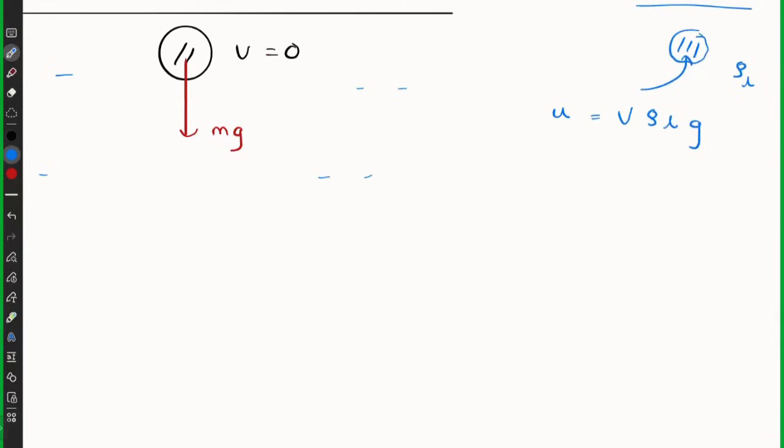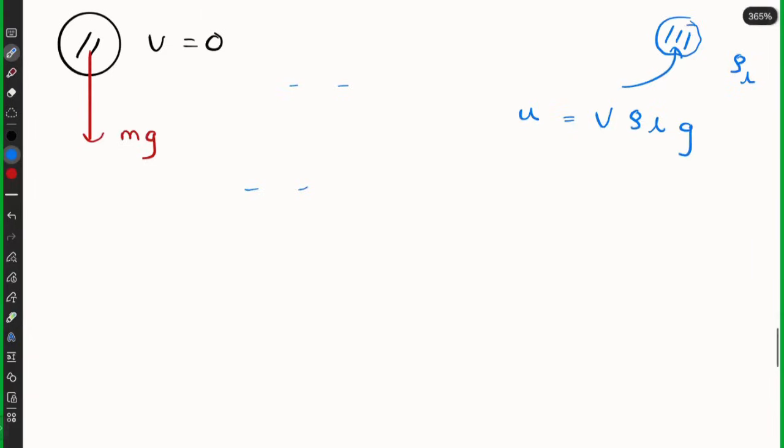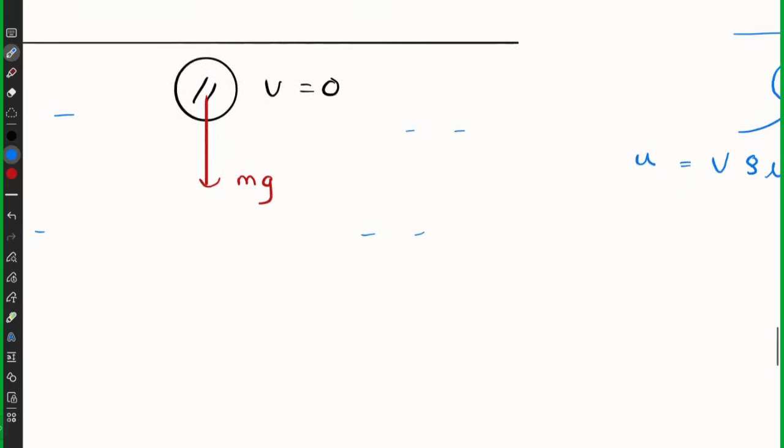You'll be learning about upthrust deeply, but it's the volume of the object sunk in the fluid, multiplied by the density of the surrounding fluid, multiplied by gravity, that gives you the upthrust the fluid exerts upon the sphere. So at this moment, upthrust is there, of course.